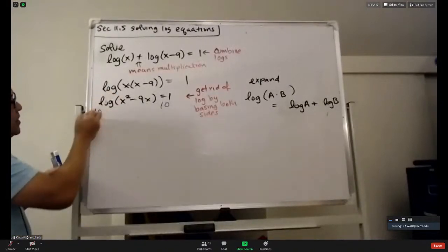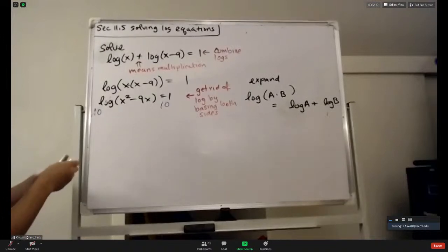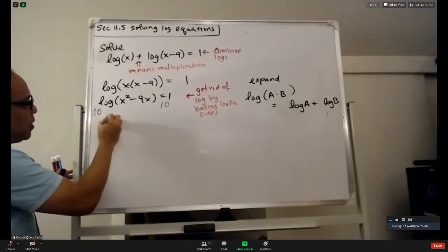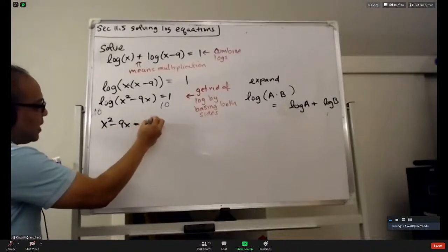And what will happen is these two things will cancel. And now I'll get x squared minus 9x is equal to 10.